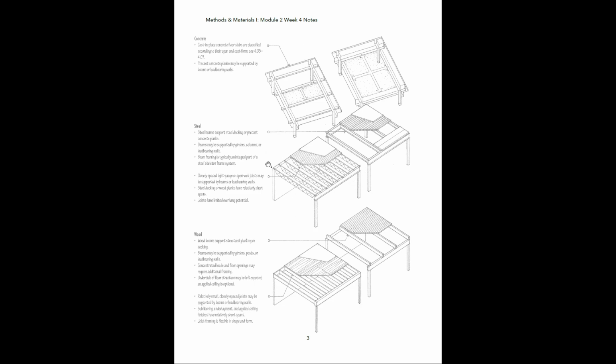And basically we have a series of open web steel joists. All right, so we talked about this last week, but in steel structures usually you have a series of beams that are running across here, beams and girders, or they can be these open web steel joist systems. Then directly on top of your open web joist, you're going to have your metal decking.